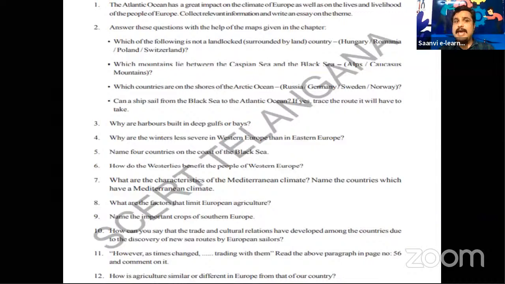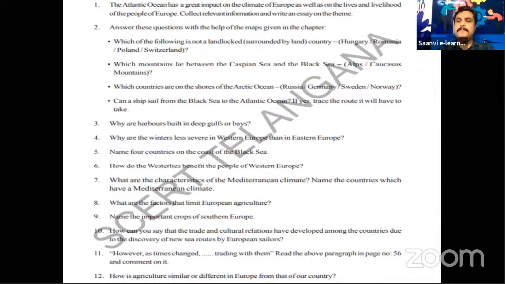Can a ship sail from the Black Sea to the Atlantic Ocean? If yes, trace the route it will have to take. Yes, a ship can sail from the Black Sea to the Atlantic.